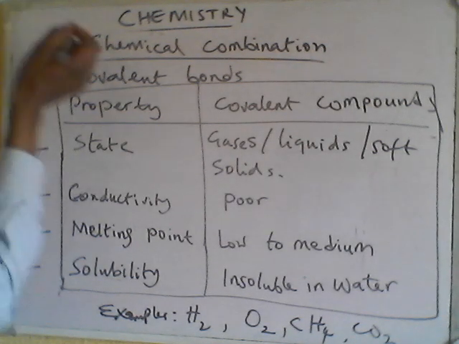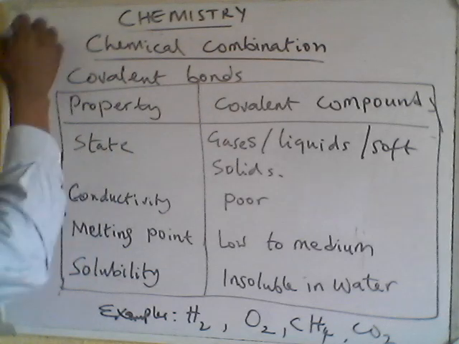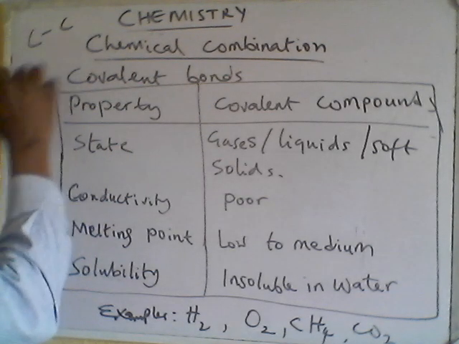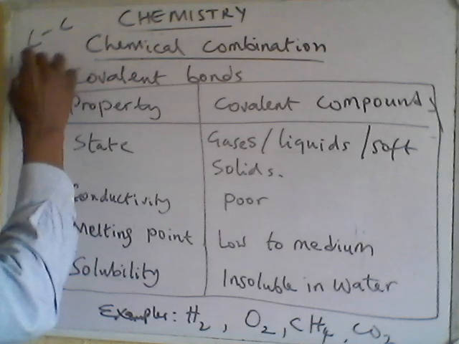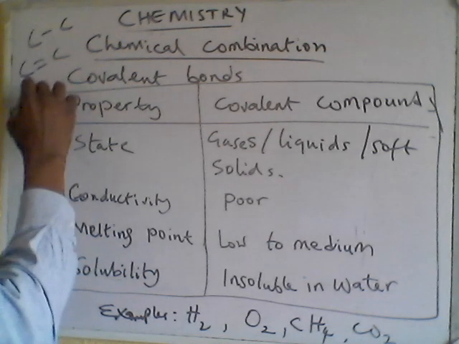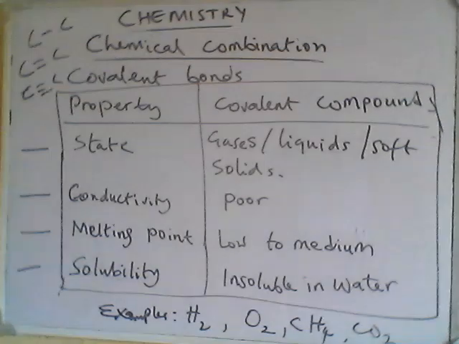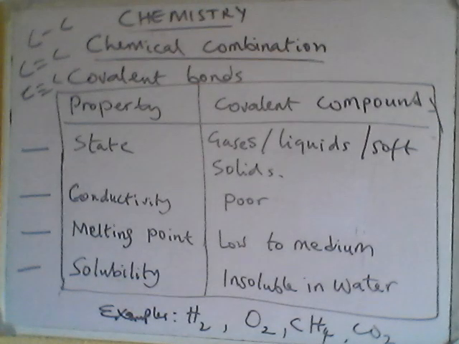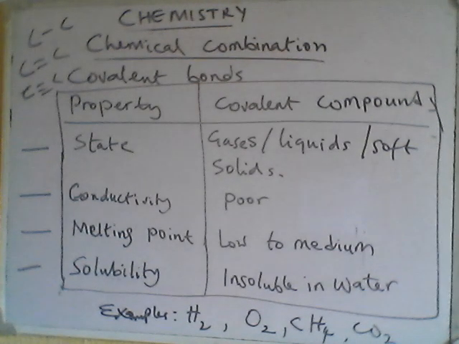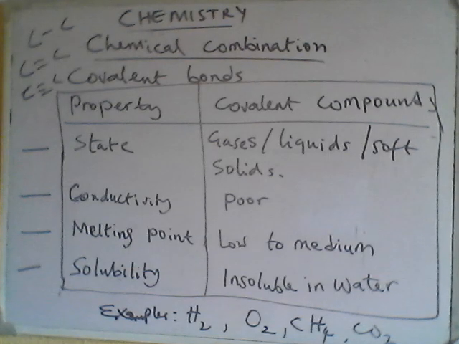When we go to organic chemistry, you'll be seeing a single bond between two carbons, a double bond, and a triple bond. These are the kinds of bonds that can exist in covalent bonds, and it comes because non-metals are sharing electrons. That is how covalent bond comes to be.